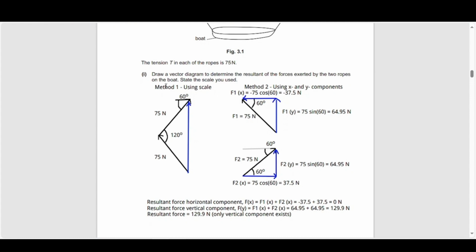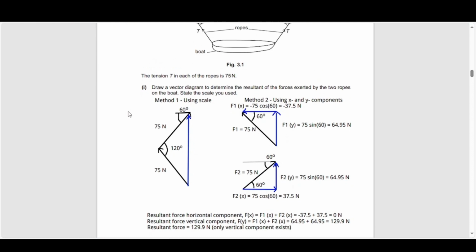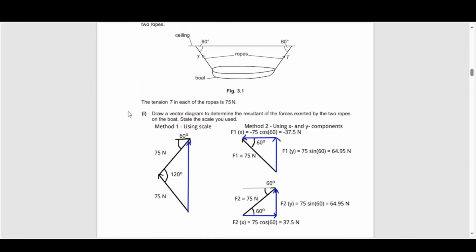In most questions, you would be able to use method 1 as well as method 2. In this question, they explicitly ask you to use method 1, so we'll be looking at that. But I will also be showing you how you can use method 2 to calculate the resultant force and its angle.